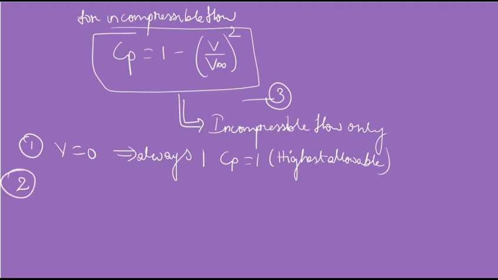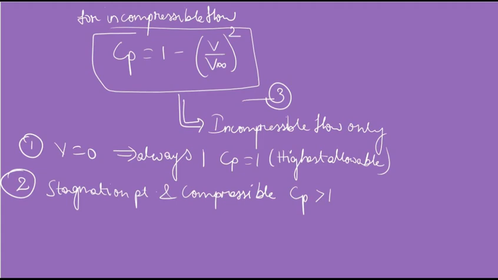Now what if I say that my flows are compressible? So if my flow is compressible and at the stagnation point, my Cp can be greater than 1, which is not possible in incompressible flows.